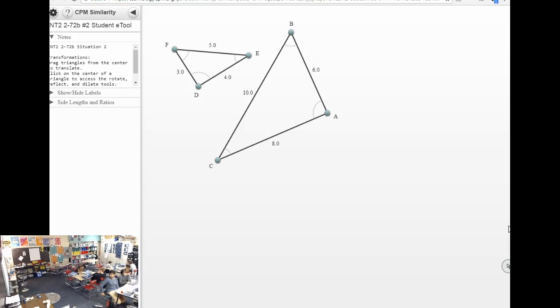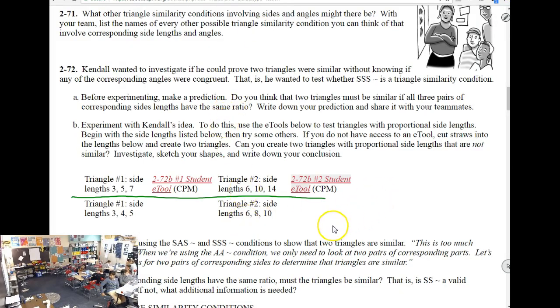So with a reflection, we have to flip one of them. Scale factor? Still 2, or 1/2. Remember, if we don't know what direction we're going, be careful.